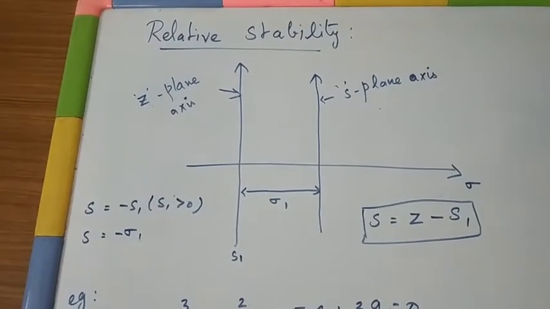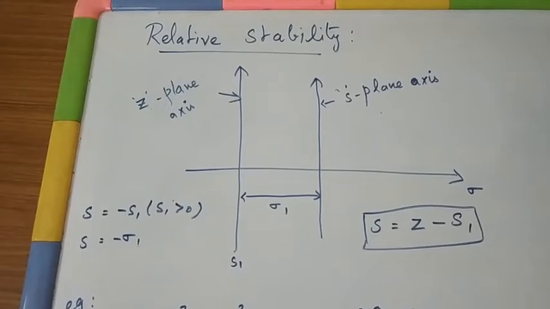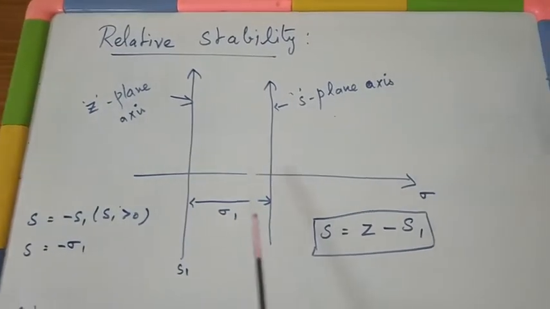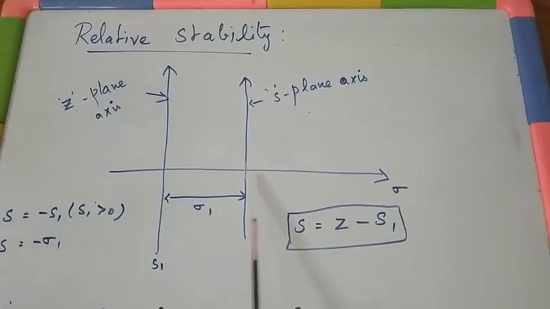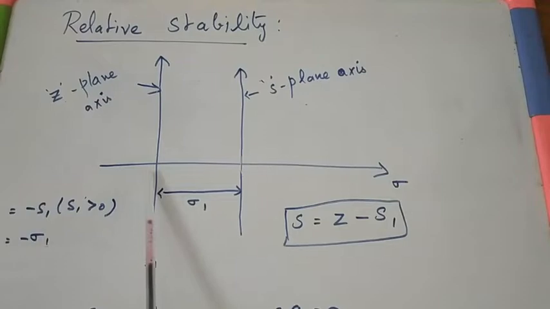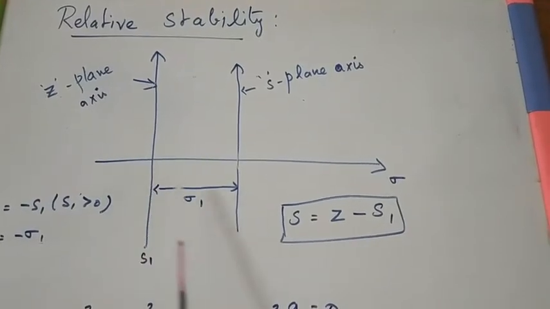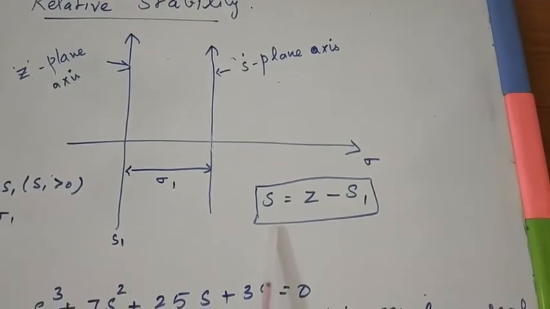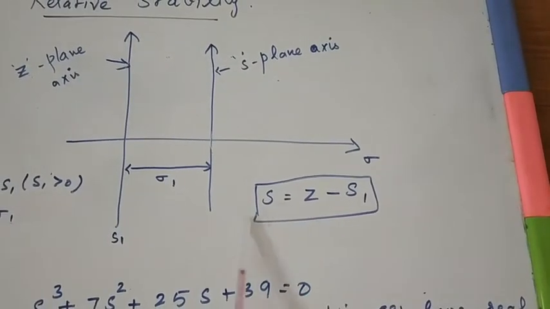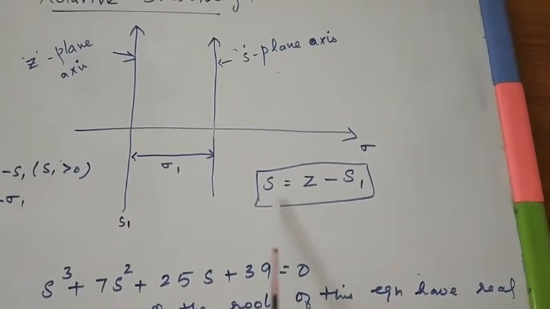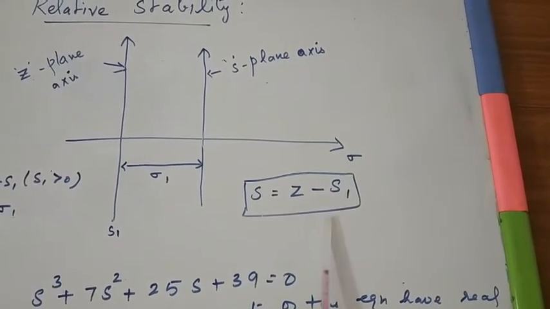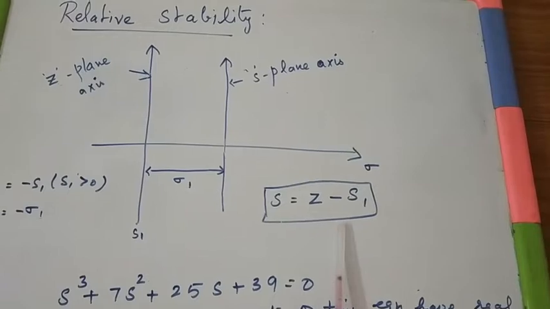The characteristic equation of the system under study is then modified by shifting the origin of the s-plane to s equal to minus s1, by the substitution s equal to z minus s1. By substituting s equal to z minus s1, we obtain the new characteristic equation.